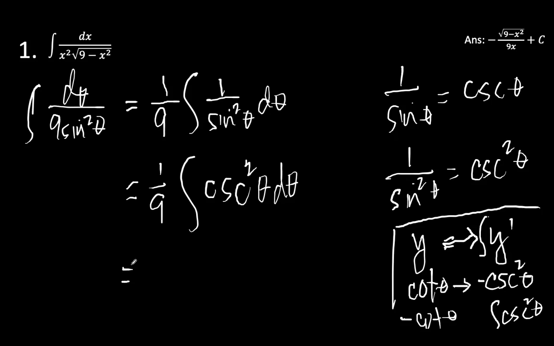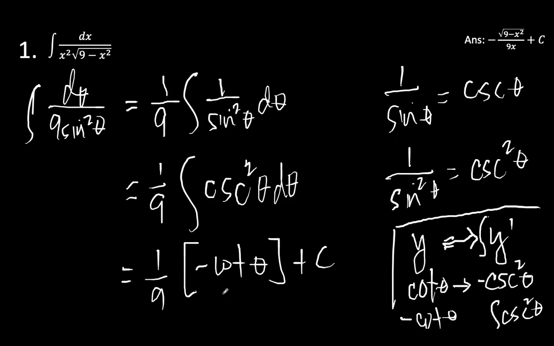So this becomes 1 over 9 times negative cotangent theta plus c. So this is now our antiderivative of this given expression.